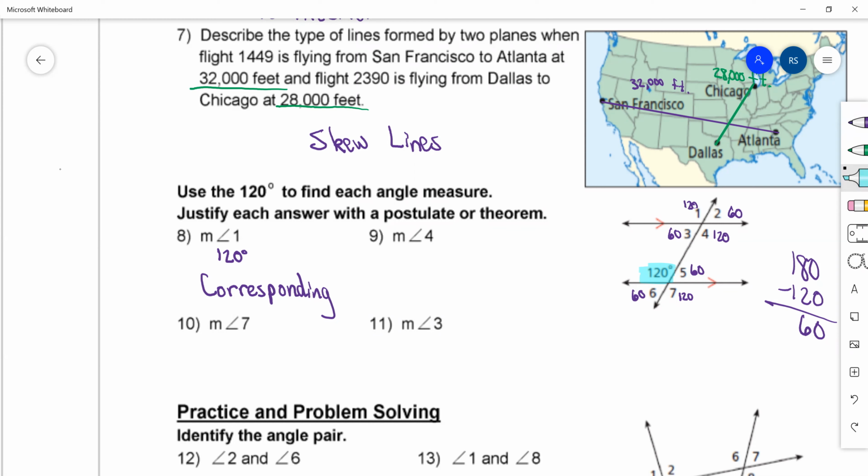Next, they ask us about angle 4. What relationship does angle 4 have to the 120 they give us? They're alternate because they're on opposite sides. Are they inside the parallel lines or outside? Inside, so it's alternate interior. And we said it was 120 degrees.